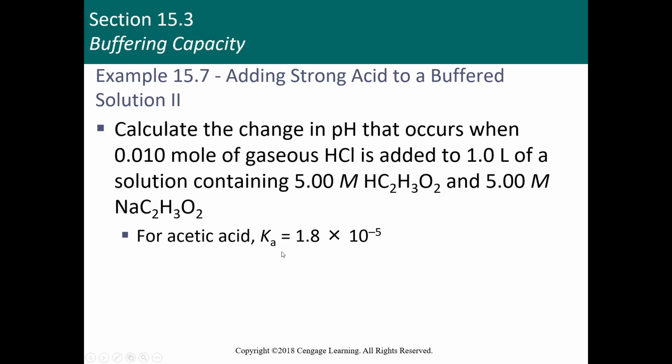For acetic acid, there's its Ka. Again, this is just going to be neutralizing one of the components first, that same sort of thing we talked about before. We just use stoichiometry. We're going to have HCl, which is going to react away some of this acetate anion, isn't it? Giving us acetic acid.